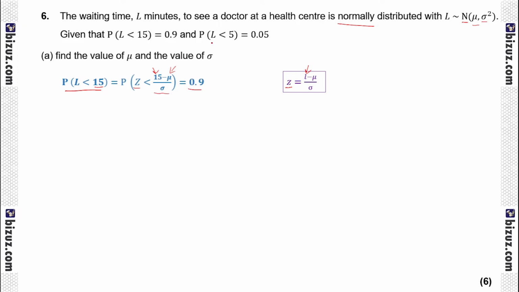Now, for both of these, we need to be cautious of something. Both of these, 0.9 and 0.05, are kind of neat values. They're not very long decimals. I'm not sure how else to say this, but they're neat values.